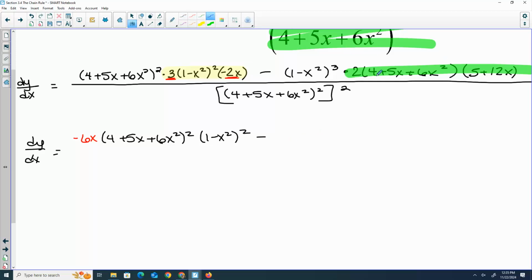In the second term, you could distribute different things. At the very least, pull that 2 to the front. Now, you could take the 2 times the 5 plus 12x, and that's fine. I don't care, but at the very least, if you don't do any other simplification, I prefer coefficients to be in the front of the term.